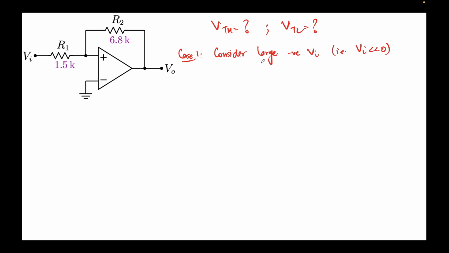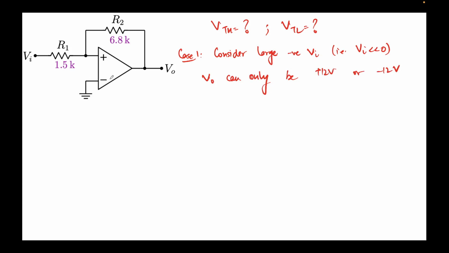As I did before, consider very large negative Vi. When this is very negative, like minus 50, minus 70 volts. So what will happen then? Again, remember that V0 can only be plus 12 or minus 12 volts, correct? These are the only possible values for that.